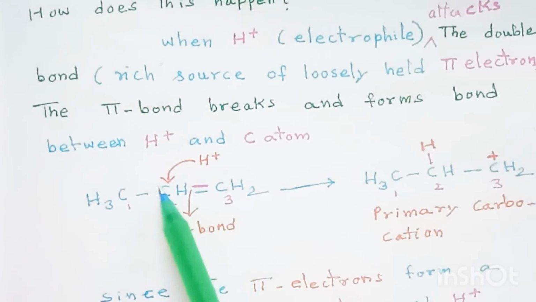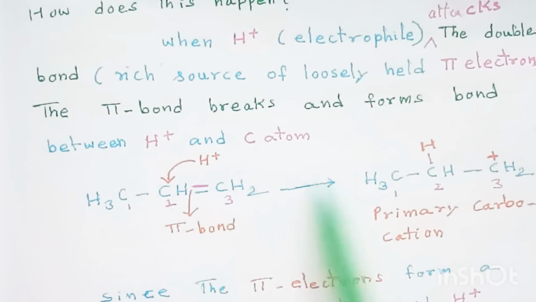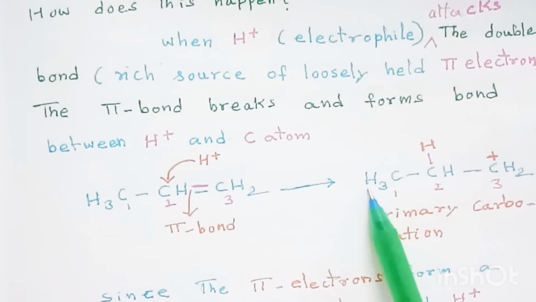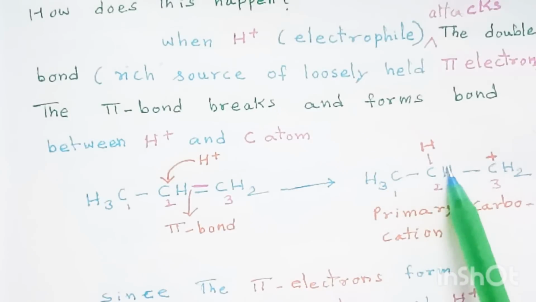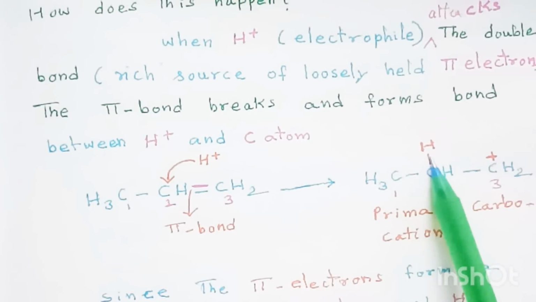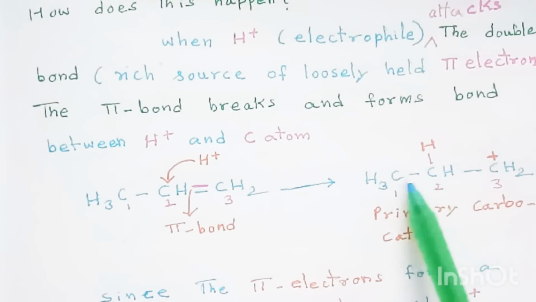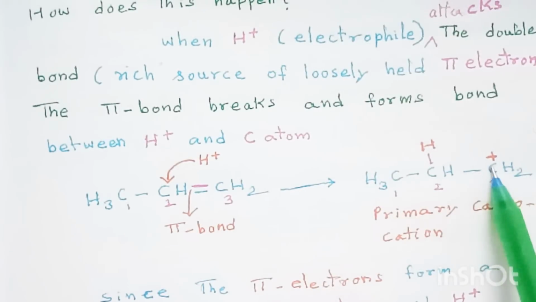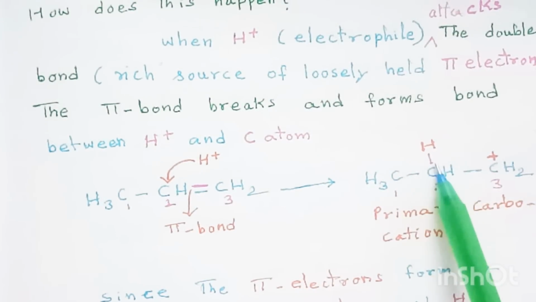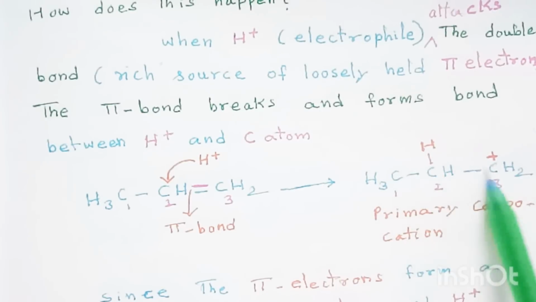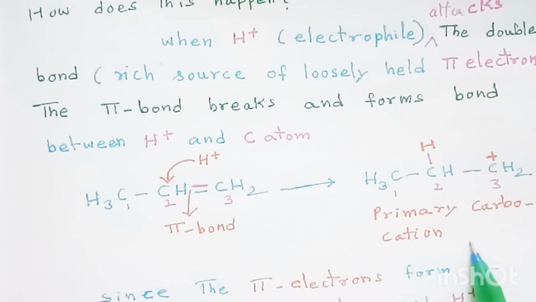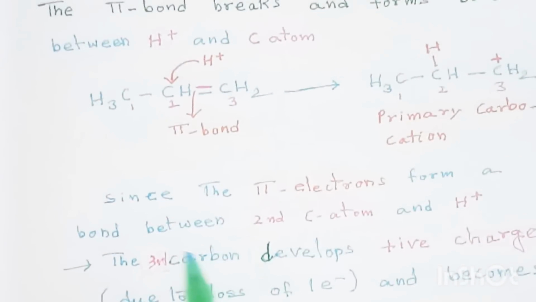This pi bond breaks and forms a bond between hydrogen and this carbon atom. So we get CH3, CH, H and CH2. Since this carbon atom has lost its electron because the bond shifted here, it develops a positive charge and becomes primary carbocation.